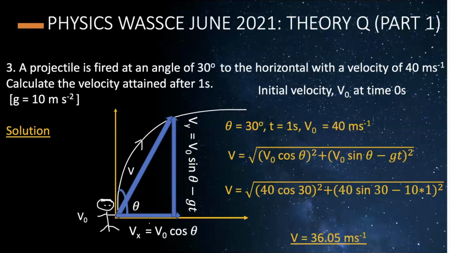We already know all the parameters we need. Theta is 30 degrees, time is 1 second, and the initial velocity is given as 40 meters per second. And they are all in their SI unit. So when we substitute all of these, we will get 36.05 meters per second as our final answer.